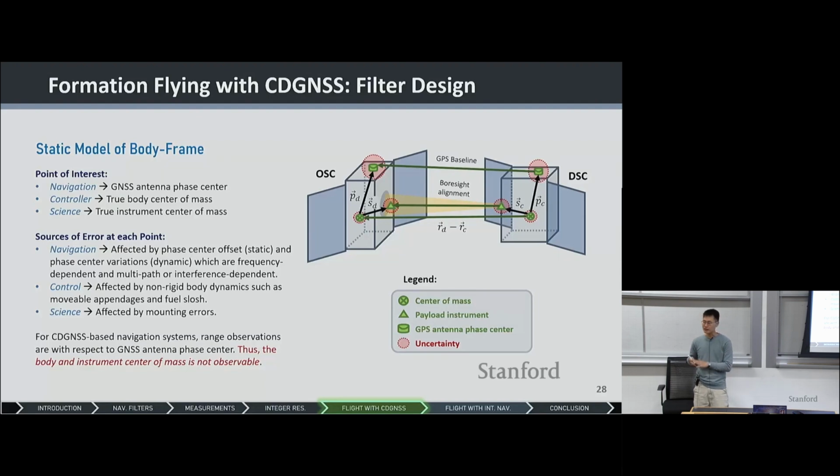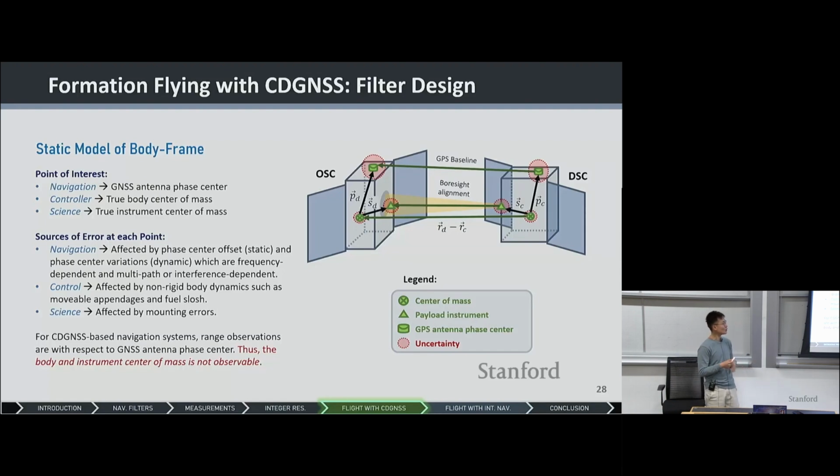At the end of the day, a GPS receiver always receives measurements from a GPS antenna, but your positions and velocities may not necessarily correspond to that GPS antenna position in the body frame. So there is a bias effect in your measurement if you rely on some static predetermined center of mass to phase center offset.